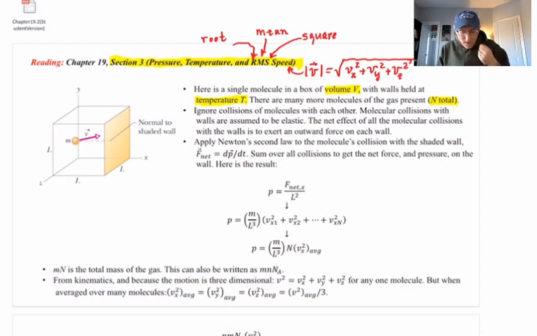Okay. All right, so the picture shows one gas molecule with a mass m. Right, so that's the mass of one molecule. We've got to be careful that all the m's and n's are clear what they mean.